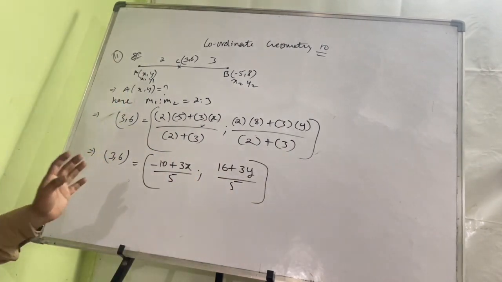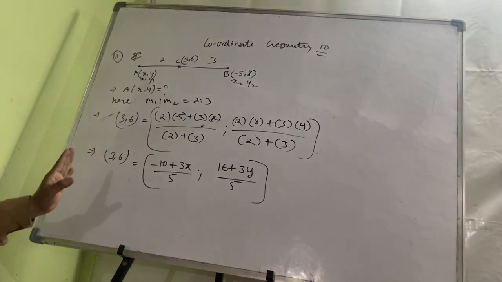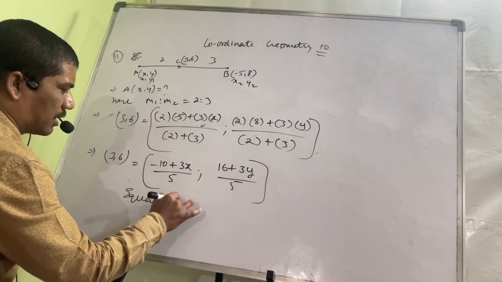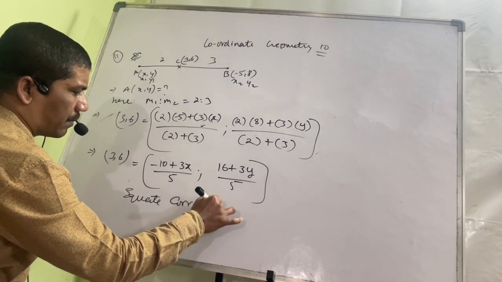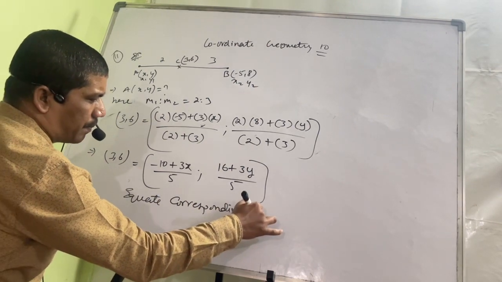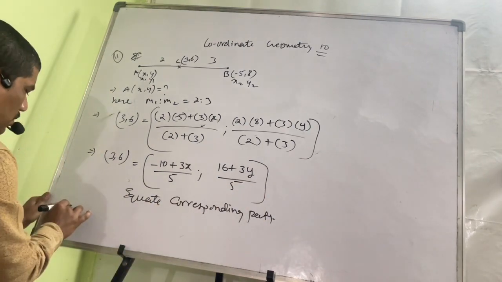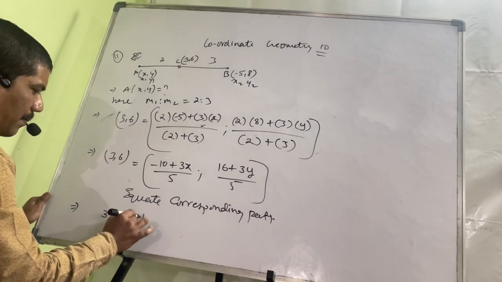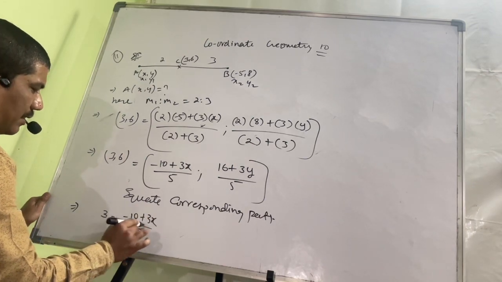Now we got it like this. We need x and y, so we should equate corresponding parts. So 3 you equate with minus 10 plus 3x by 5.